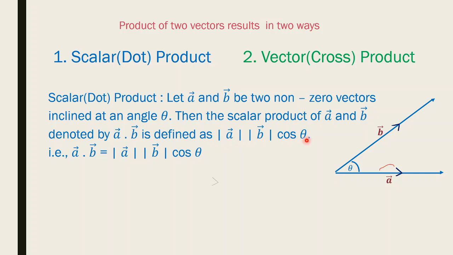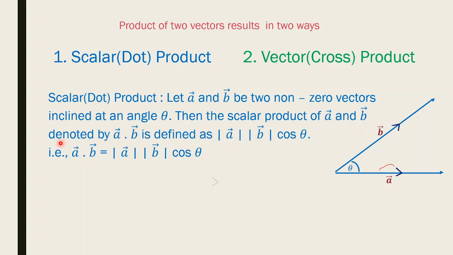So vector A dot vector B is equal to magnitude of A into magnitude of B into cos theta. There is no derivation for this, dear students. You just need to remember this formula.